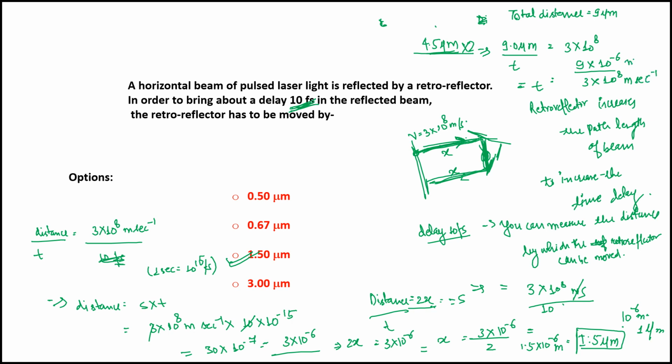This is meter. These two get cancelled. What you get is 3 into 10 to the power minus 14 seconds. Or if you want to convert to femtoseconds, that is 30 femtoseconds. So the delay that the retroreflector has created is of 30 femtoseconds. Or else I'll just write it in a clean way.